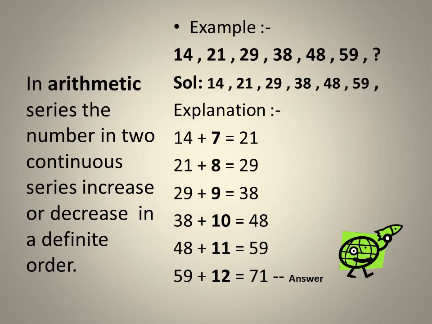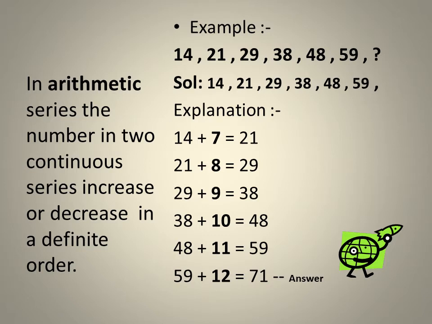Now we can see the real meaning of arithmetic series. The first type of series is arithmetic series. In arithmetic series, the numbers in two consecutive terms increase or decrease in a definite order.